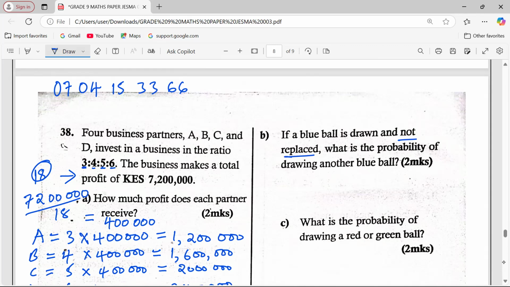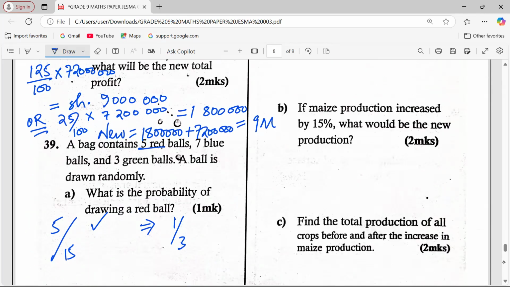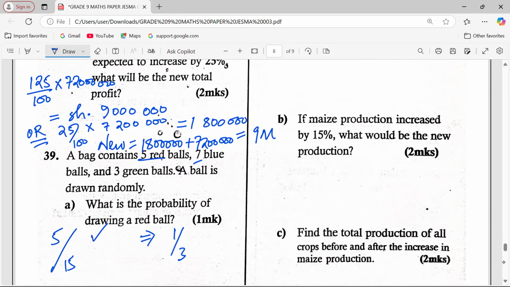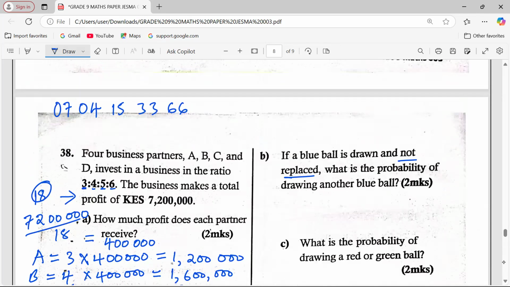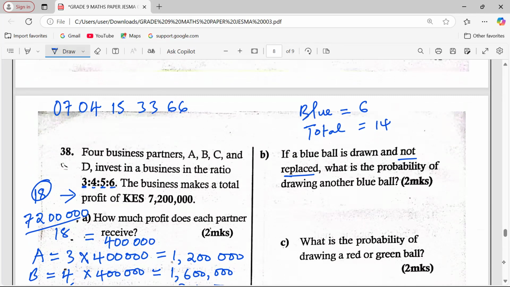So if we pick a blue, remember the blue balls are initially 7. So they become 6 after picking 1, and we are not replacing. And the total has changed from 15 to 14.